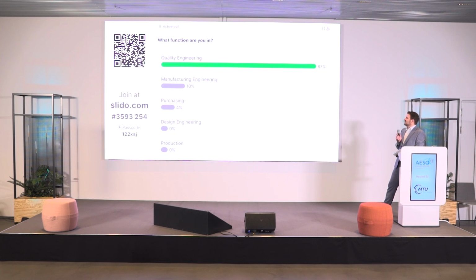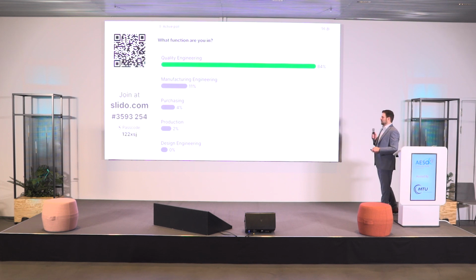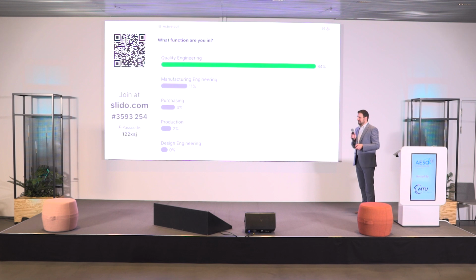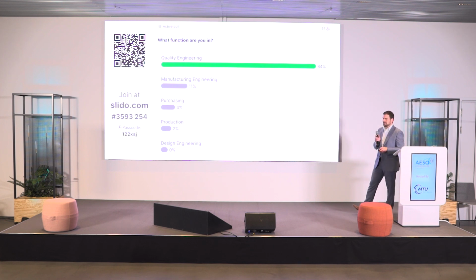Okay, the focus is more on quality engineering. Production, 2. Good. But I think the majority is still quality. Nevertheless, for future events, I think it's important to advertise this event to other functions as well, as quality is a topic for everybody, as we all know.